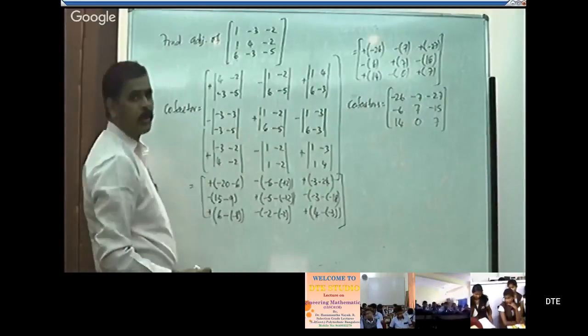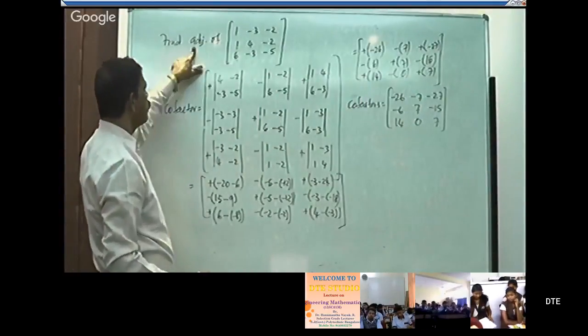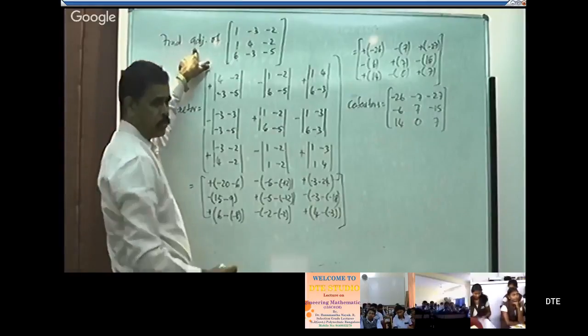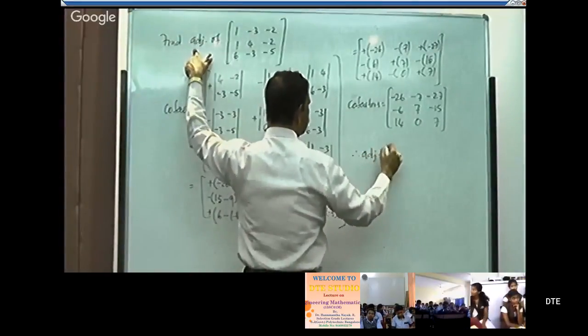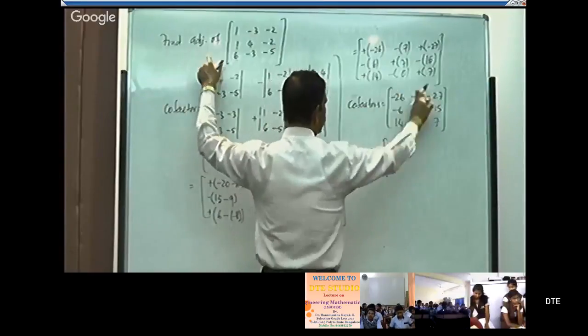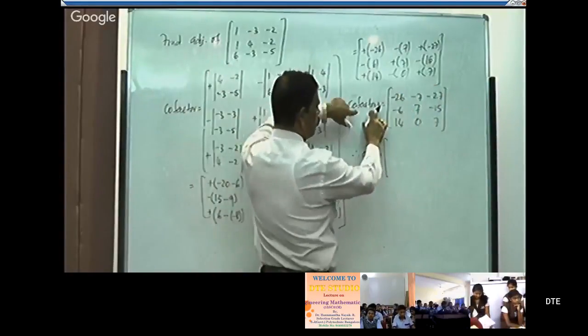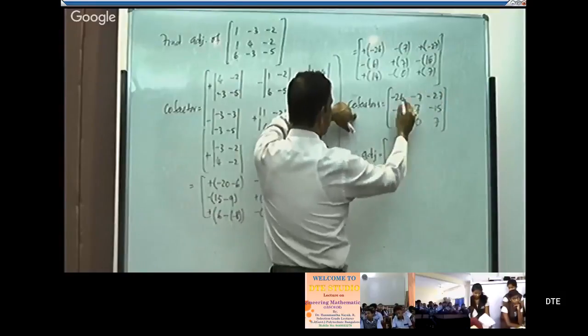It is the cofactor. We need to write the adjoint. So the adjoint is equal to changing rows into columns of the cofactor matrix, that is, the transpose of the cofactor matrix.